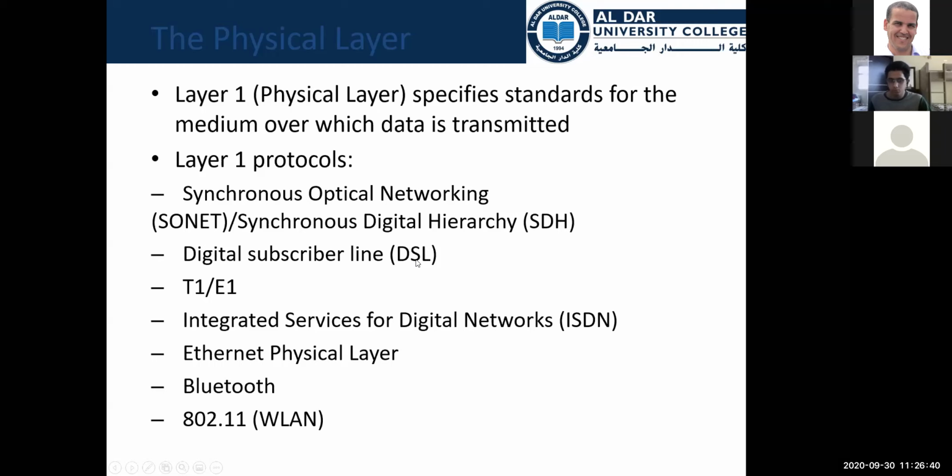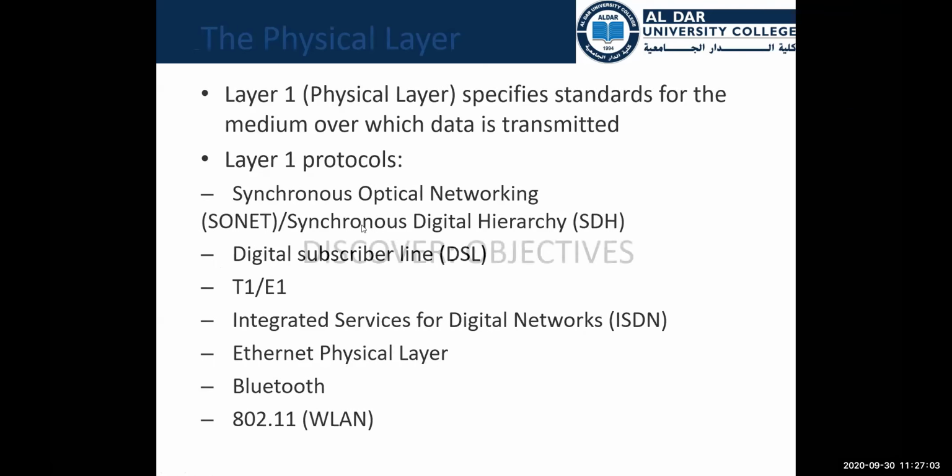These are protocols used in the physical layer, like T1, E1, Integrated Services Digital Network (ISDN), Ethernet physical layer, Bluetooth, and 802.11, which is for WLAN. These are protocols used in the physical layer.